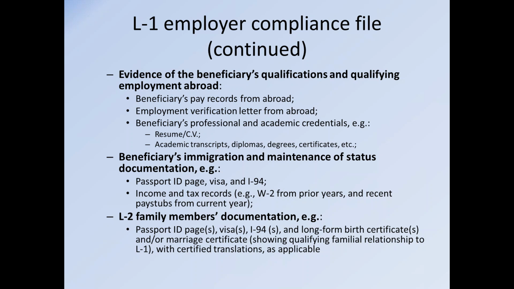So H4s now are eligible to apply for, in certain situations, an employment authorization document if the principal H1B spouse has an approved I-140 or is eligible for an extension past the 6-year maximum because of AC-21. That's a lot of information, but that very limited group of H4 spouses that can apply for EADs, great, fantastic. They can include it in the extension.